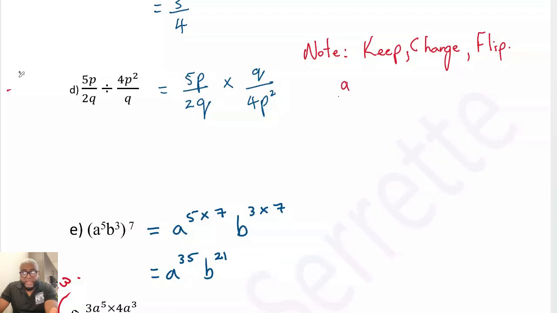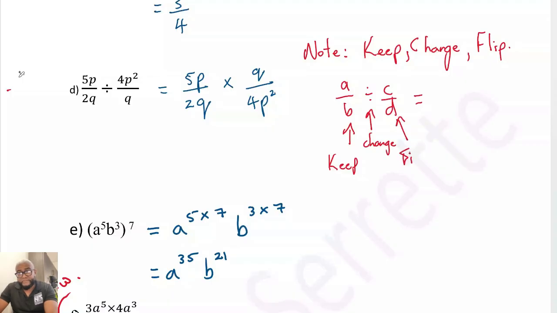So if I'm dividing A over B by C over D, you're going to keep this, change this, and flip this. Keep, change, flip. So it will be A over B multiplied, the division changes to multiplication, and then flip D over C.